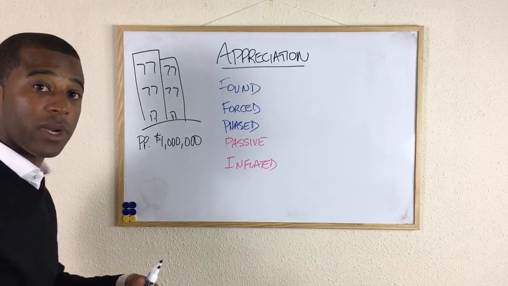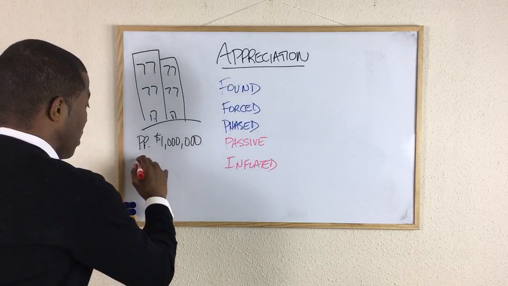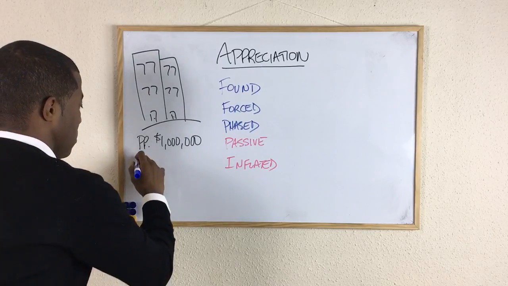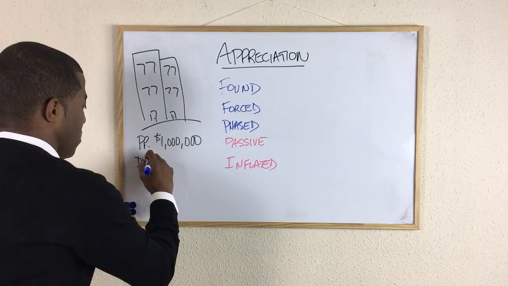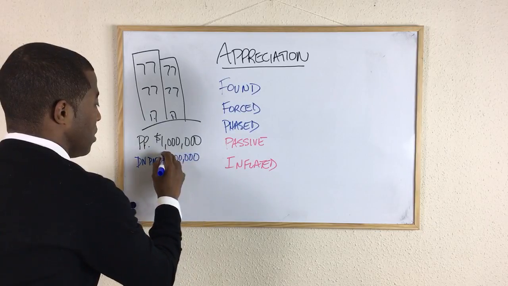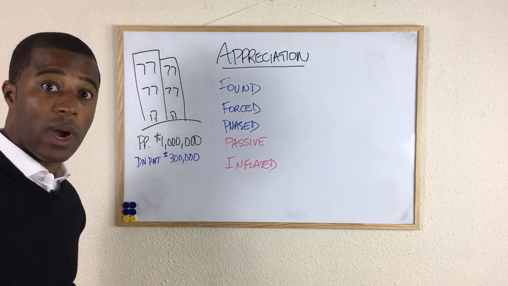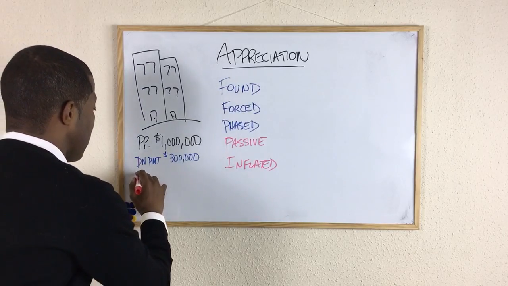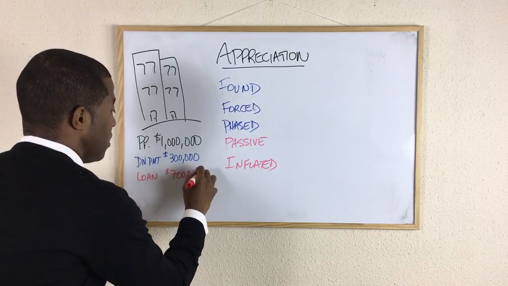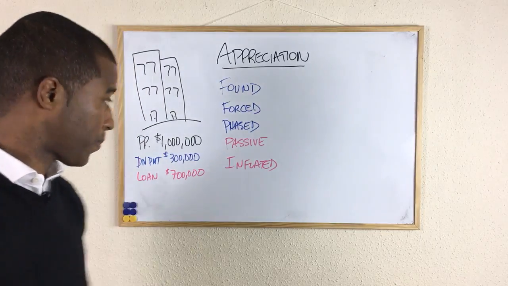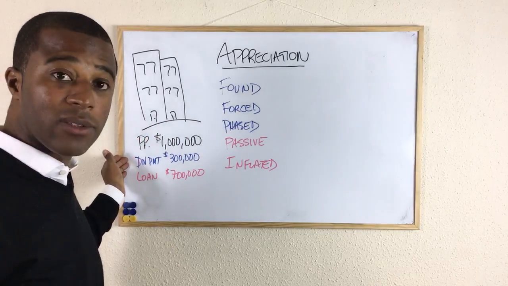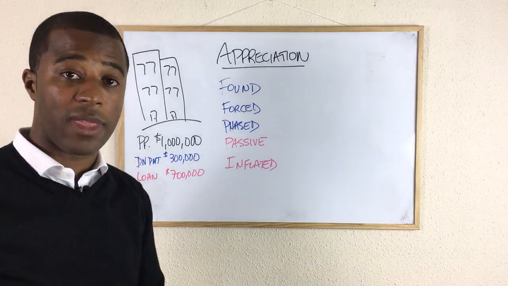On this $1 million, we're going to say that the down payment is going to be $300,000, which means we're going to get a loan from the bank in the amount of, you've guessed it, $700,000. So in this $1 million building that we're going to purchase, we've put $300,000 down, and we've come up with a loan for $700,000.